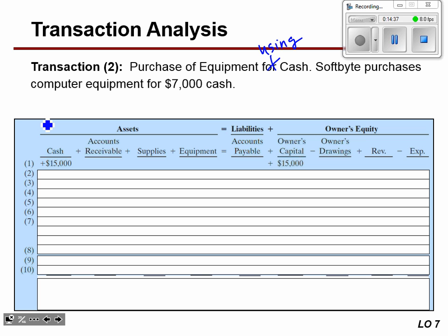Dual effect accounting. What's one of our accounts? Equipment. Circle that. What other account is going to be impacted here? Cash. What's our dollar amount? $7,000. Okay.